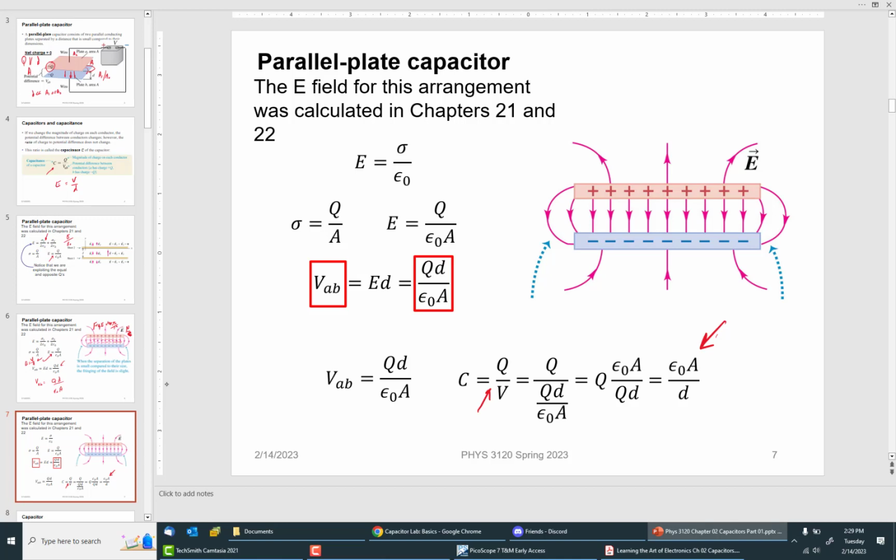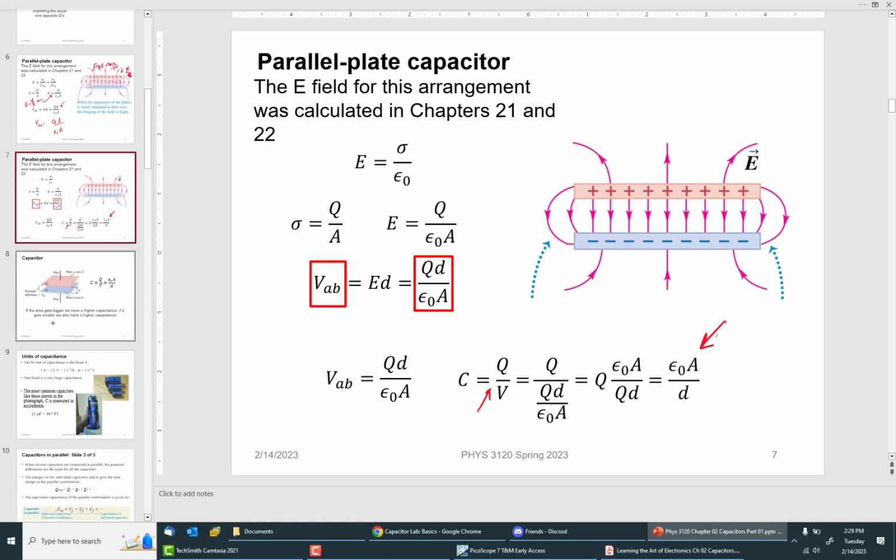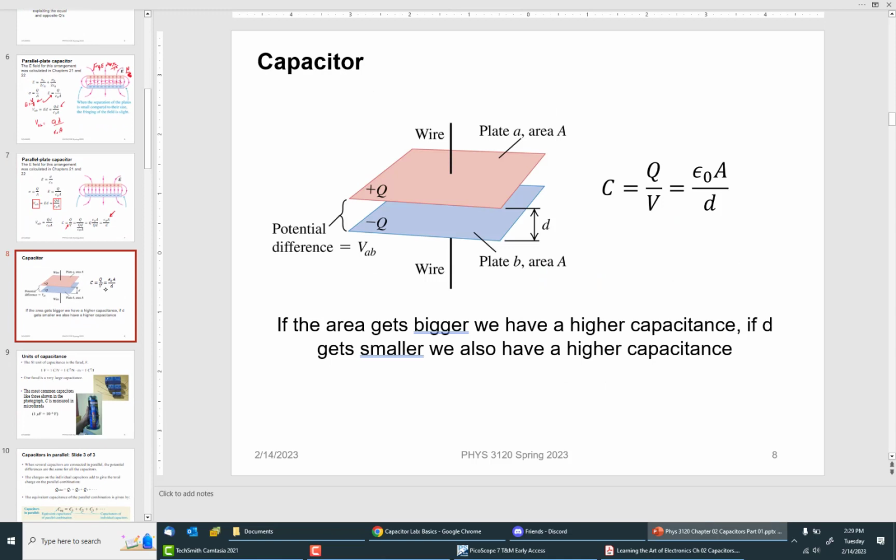So all capacitors, even those little yellow ones, inside that epoxy have two metallic layers, and then a layer of ceramic in between them. And yeah, there's the summary.